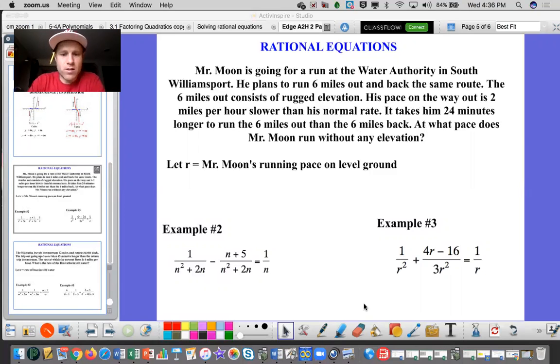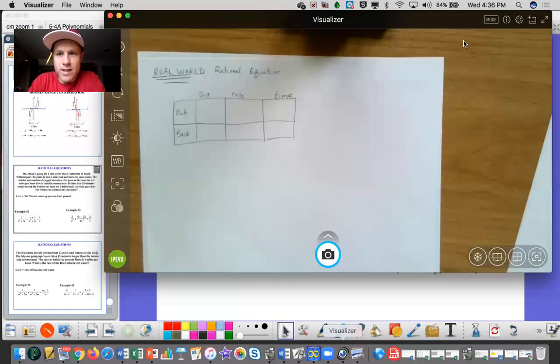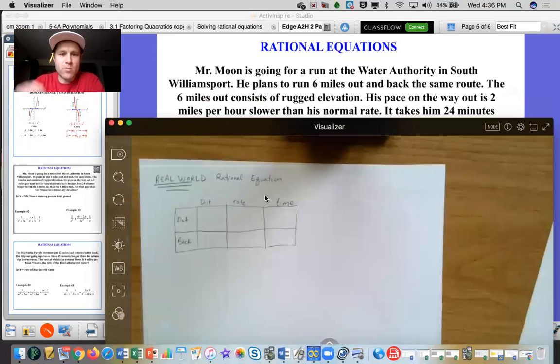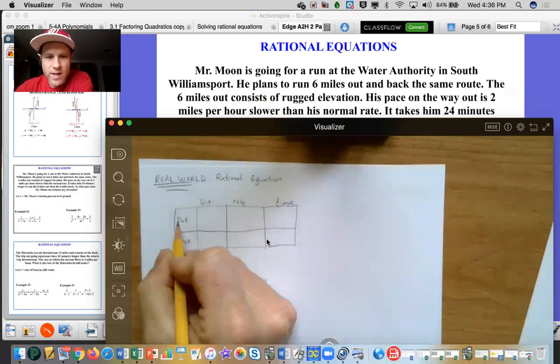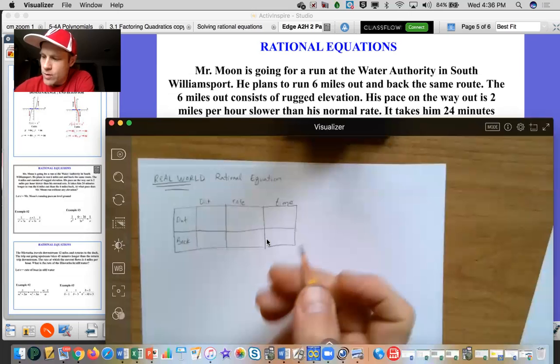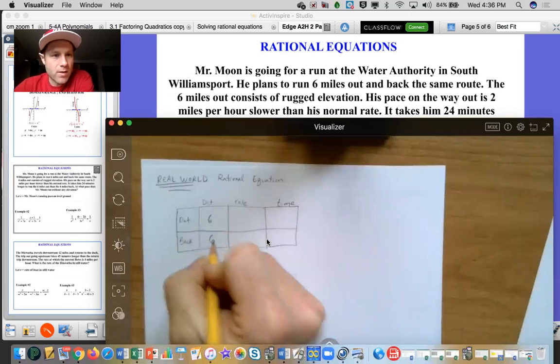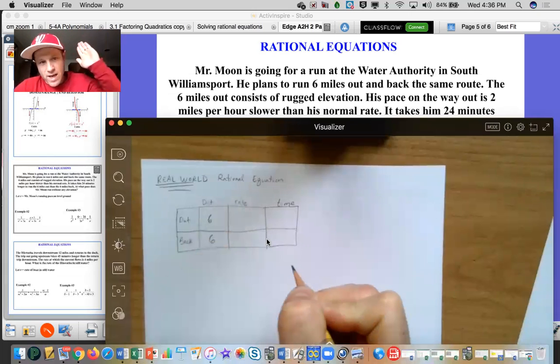So here's the breakdown that they typically did in Edgenuity, where we had this out time and this back time, and this might be downstream and upstream in the Edgenuity question, but the distance in both of these is 6 miles. 6 miles out, 6 miles back.